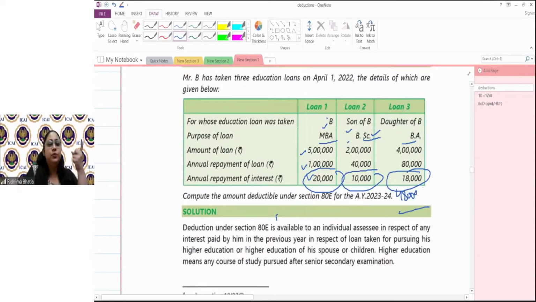So the first criterion is that the purpose should be higher education. Then you see for whom the loan is taken. Then you see it is within the assessment year, and then claim it. There is no ceiling limit.